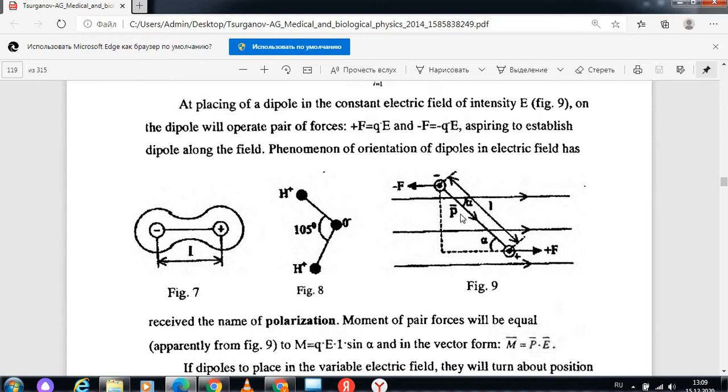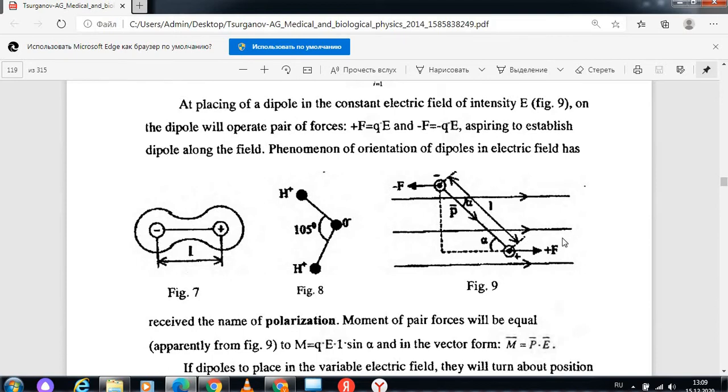That's why the moment of the pair of forces will be equal to M equals Q multiplying by E multiplying by L and sine alpha.